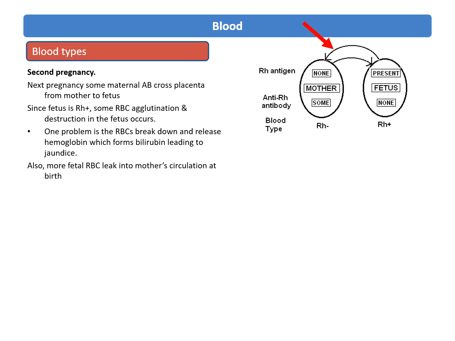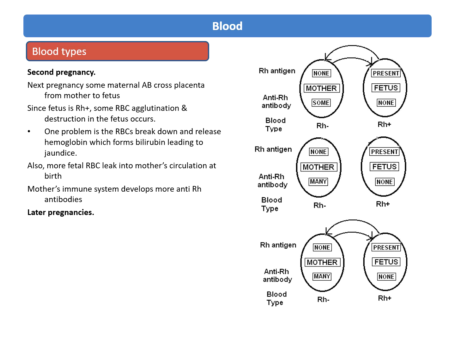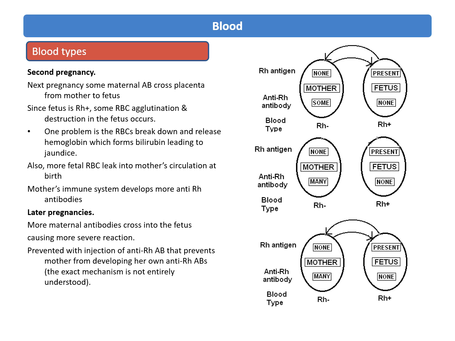Also, more fetal red blood cells leak into the mother's circulation at birth, and the mother's immune system now develops more of the anti-Rh antibodies. In later pregnancies, if the fetus is Rh positive, more maternal antibodies will cross into the fetus, causing a more severe reaction, more agglutination of the fetal red blood cells.